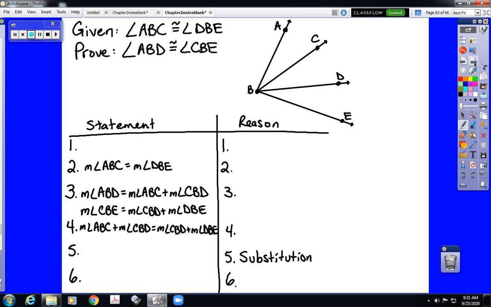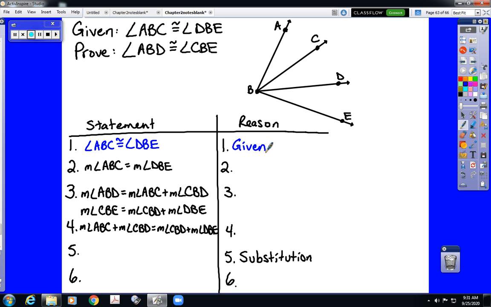So, just like any proof, we start by restating the given, angle ABC is congruent to angle DBC, or DBE, sorry. That's our given. And just like we did in the previous section, since we're going to be trying to use the substitution property, and we're going to be trying to move stuff around and manipulate equations, we have to turn that congruent statement into an equation.